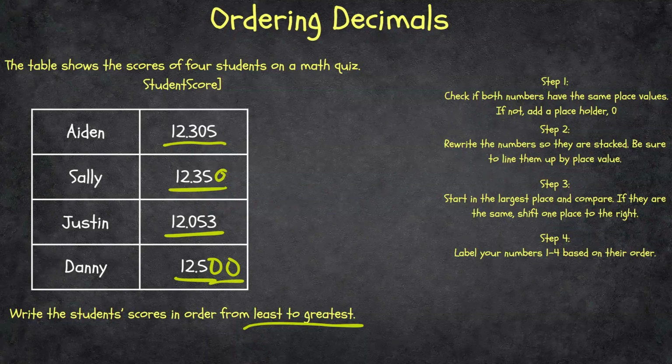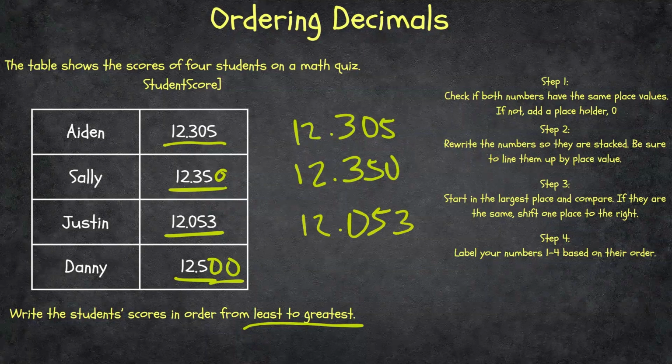Now that they're all in the thousandths, I'm ready to rewrite these numbers so they are stacked. 12 and 305 thousandths, 12 and 350 thousandths, 12 and 53 thousandths. Almost got me saying the wrong number there. 12 and 500 thousandths.